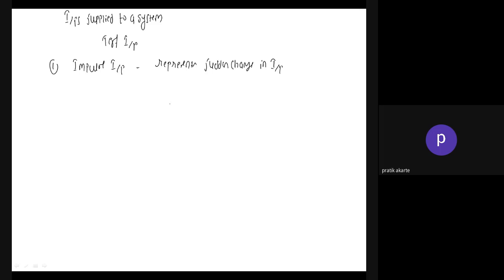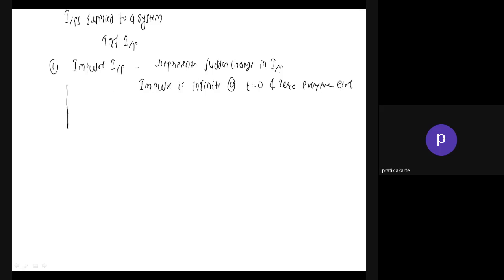That impulse is infinite at time t equal to 0, and 0 everywhere else.